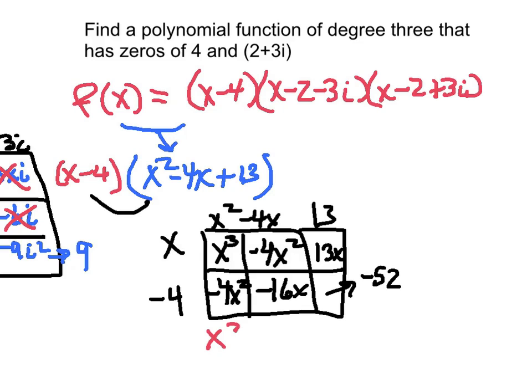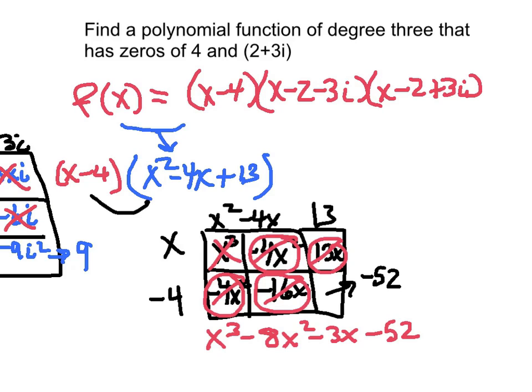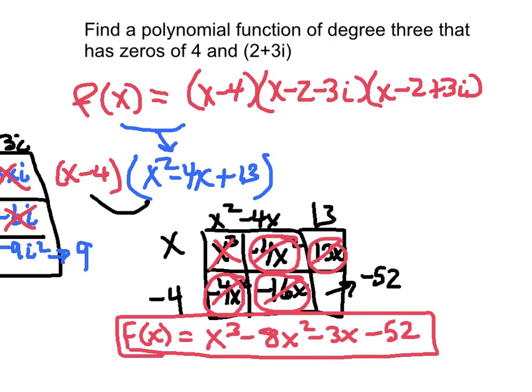Now let's put these together. So I'll have x to the third. How many x squareds do I have? Well, here's a minus 4, and here's a minus 4. They're not going to cancel, so it'll be a minus 8x squared. And then I will combine the minus 16x with the positive 13x. That is a minus 3x. And then finally a minus 52. What I just found when I multiplied this function entirely out is x to the third minus 8x squared minus 3x minus 52.